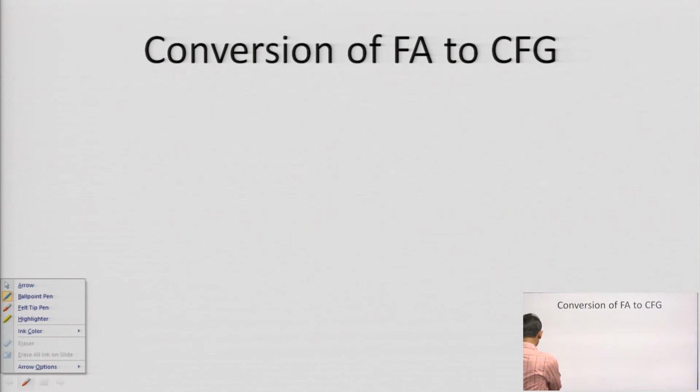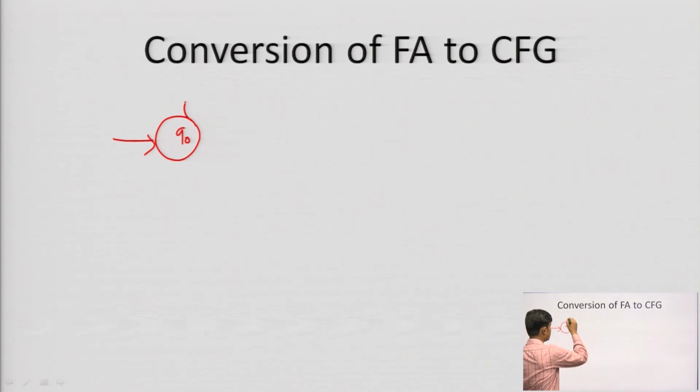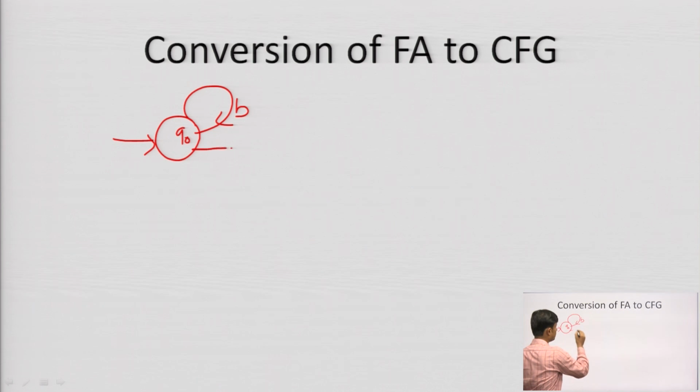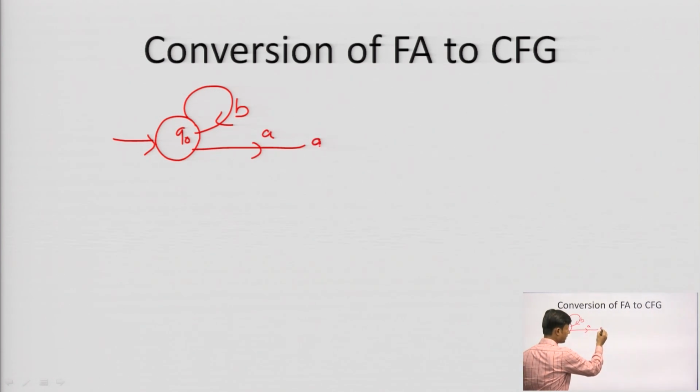Suppose one finite automata is given. See here, suppose this is Q0, the initial state, and here is Q1, and let us make Q1 the final state.